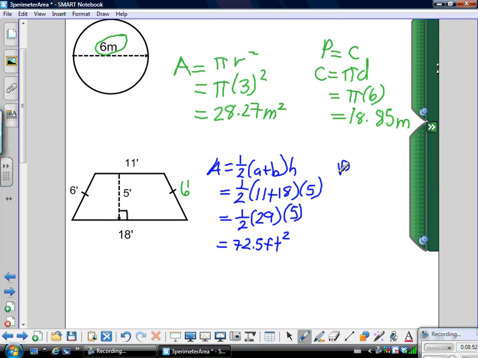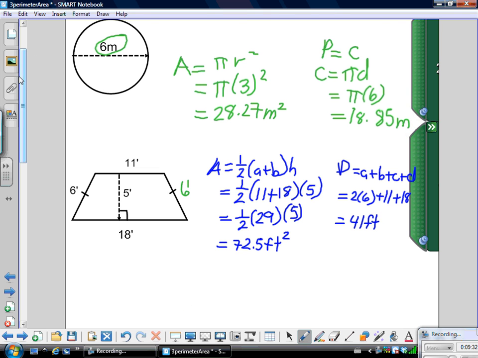So our perimeter equals A plus B plus C plus D. And again, if we put all our numbers in, we have 2 times 6, because there's 2 6s, plus 11 plus 18. And again, it's just a matter of putting that into our calculator. And when we do that, we end up with 41. And it is feet, but not feet squared.